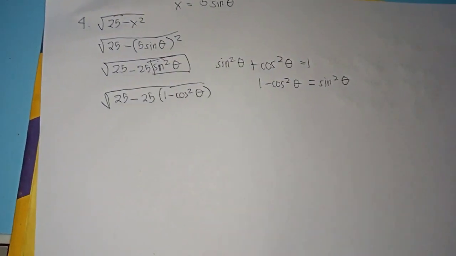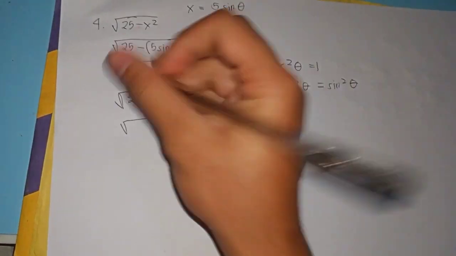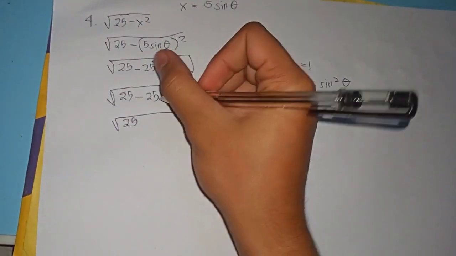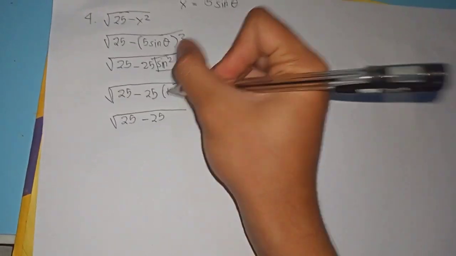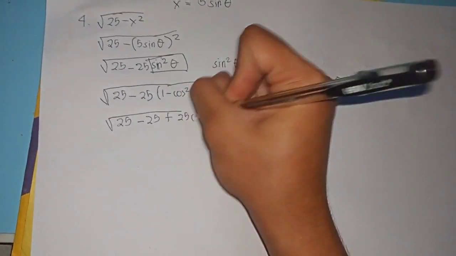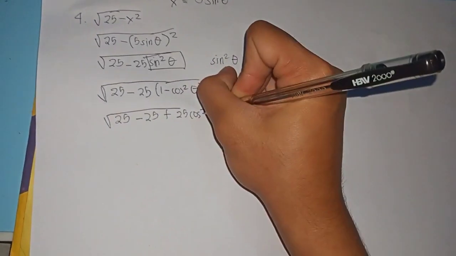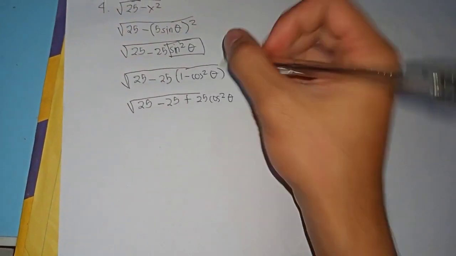Next, we're going to simplify using the distributive property. So 25 times 1, we have 25, and negative 25 times negative cosine squared theta gives plus 25 cosine squared theta. Next, we simplify this.